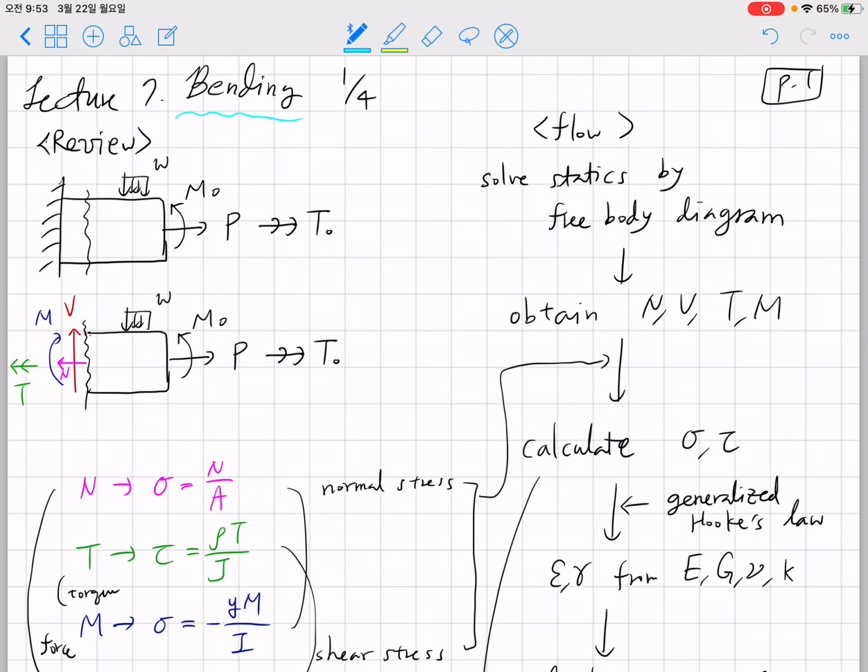If you have a big picture, even though you forget every tiny detail after the midterm and final exam, you can still search your textbook because you have the overall structure. But if you don't have the overall structure, even with good scores, after the semester is over you're going to forget everything. I'm sure about it. So please try to have a big picture by yourself.